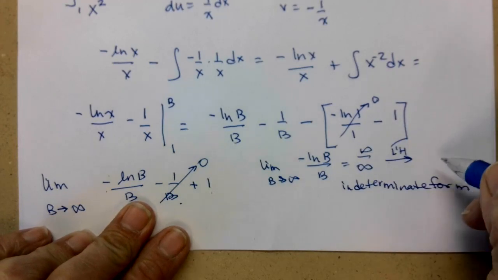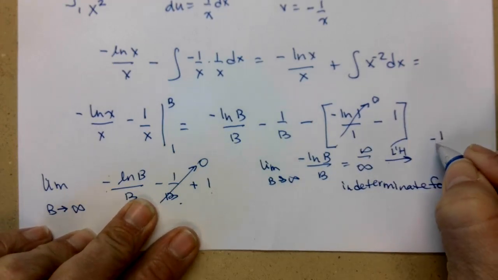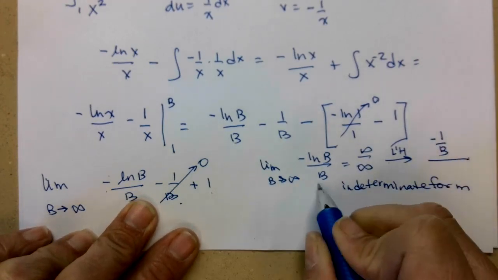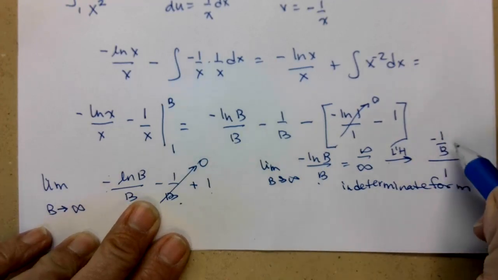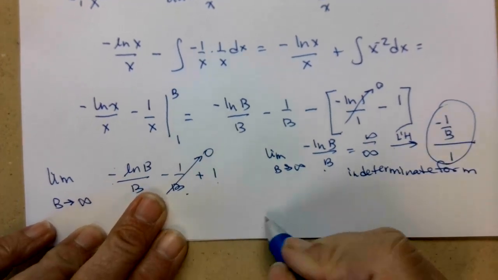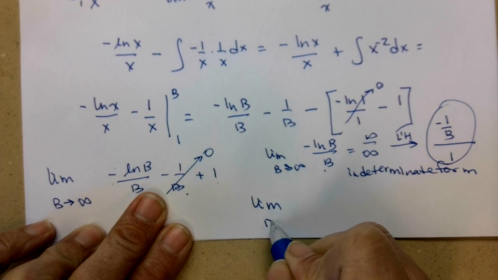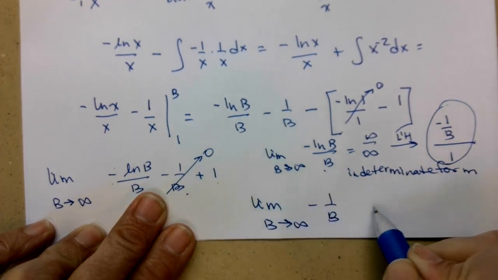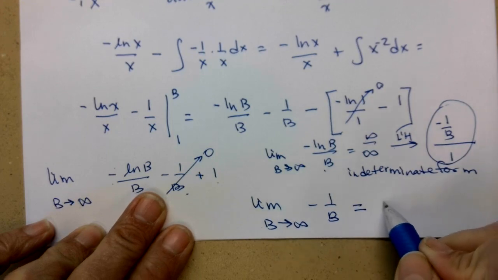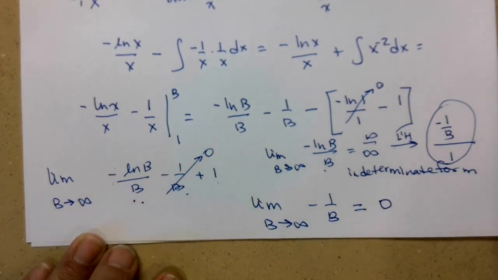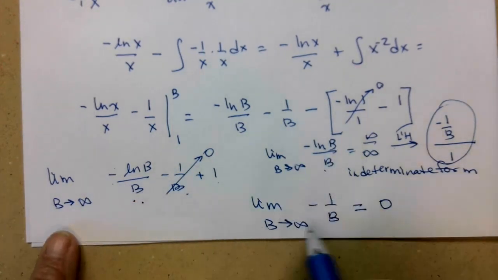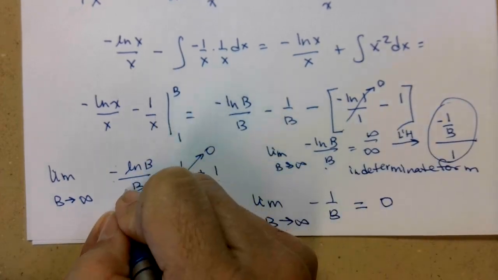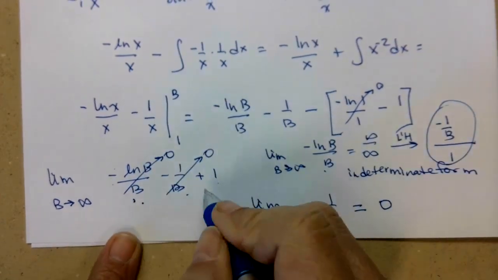So the derivative of negative natural log b is negative 1 over b. The derivative of b is 1. So now we're going to take the limit of that. So we'll take the limit as b goes to infinity of negative 1 over b, that goes to 0. Okay, so come back around. So this is our little side work. Up here, this term here, the limit goes to 0.